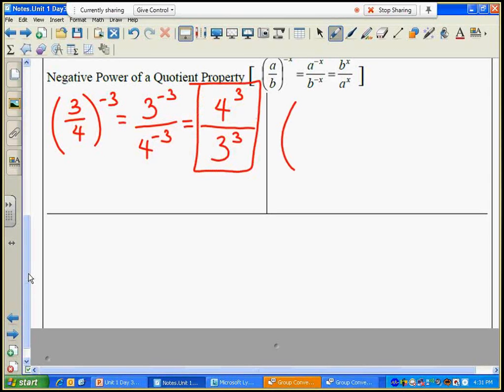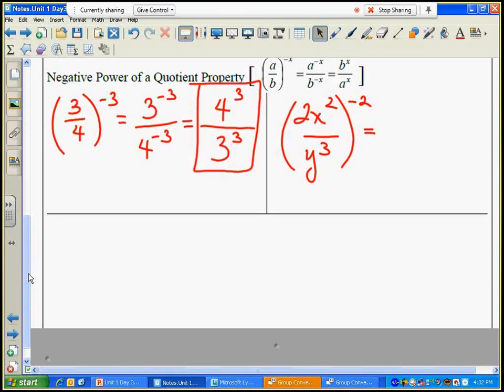Next example. Let's say I have the fraction 2x squared over y to the 3rd, and that quotient is going to be taken to the negative 2nd power. Okay, well, just like the problems above it on the other property, I'm going to look inside those parentheses and see if there's anything there that I can go ahead and simplify before I take it to the negative second power.